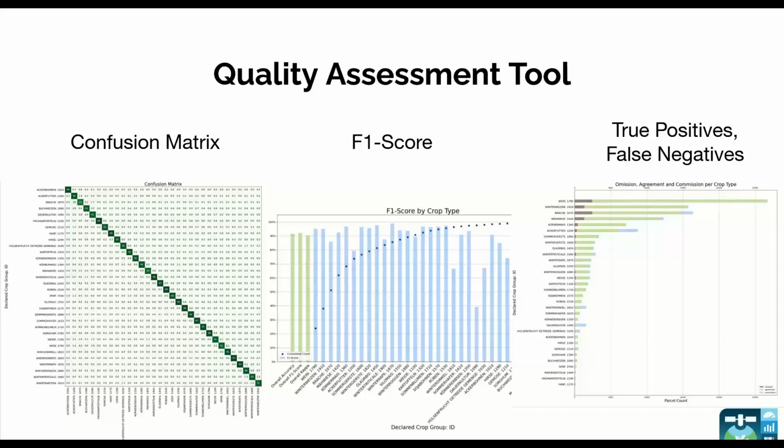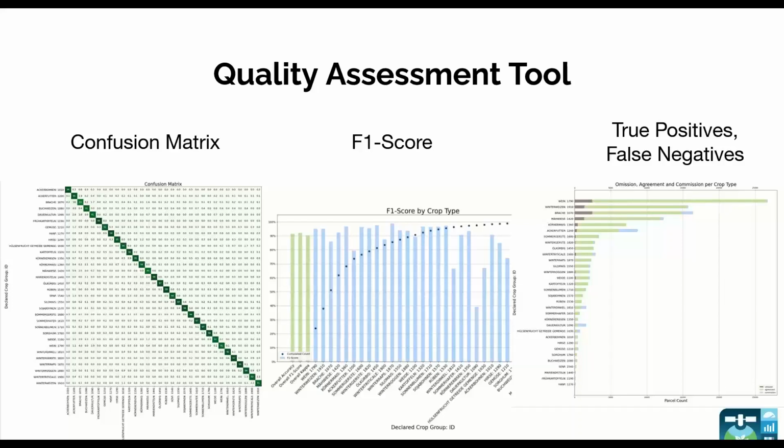So very well known graphics and diagrams there. Actually, Sen4CAP heritage, confusion matrix, F1 score, true positives, false negatives, and the related diagrams presented for the specific area of interest that has been monitored for the specific use case that is under investigation. And they are offered also integrated with the Parcel Explorer for each supported use case.